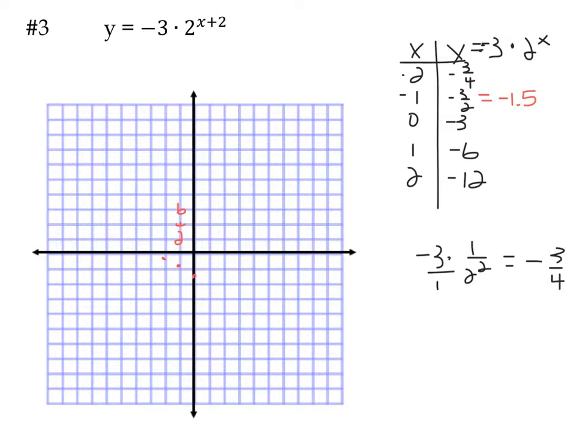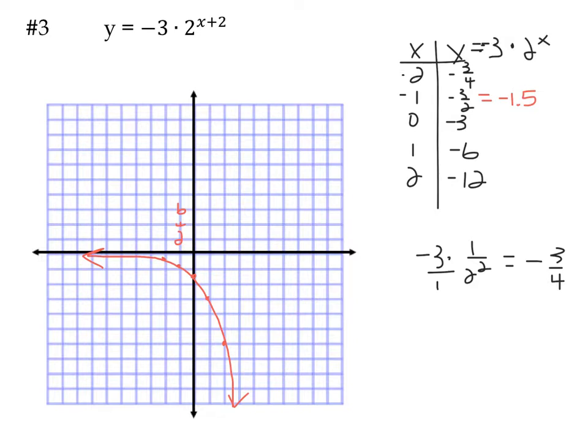Then 0 and -3. Then we have 1 and -6, again counting by 2, so 2, 4, 6 right to there. Then 2 and -12. Right there. When I graph this, it's going to still level out and not reach 0, even though it approaches it. You'll never get a y value of 0 for that.